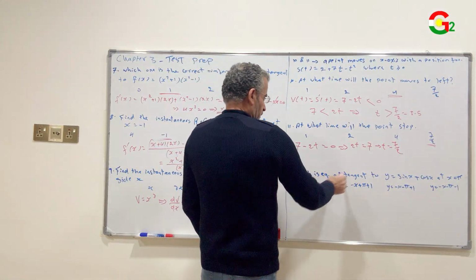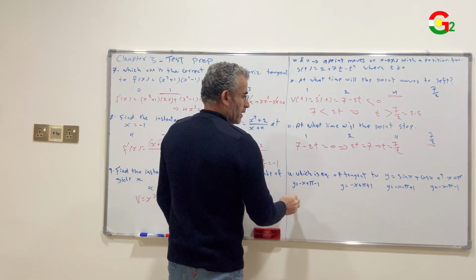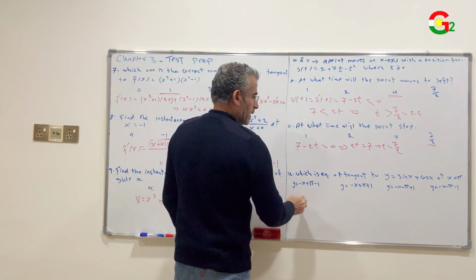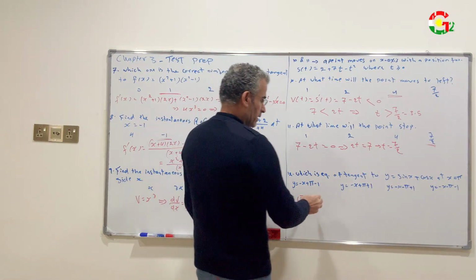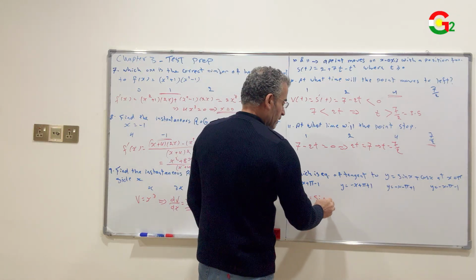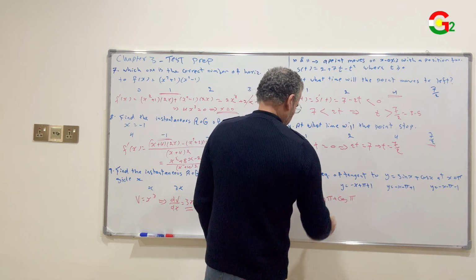To find the equation of the tangent line at this point, first we find f of pi to find the point of tangency equal to sine pi plus cosine pi.